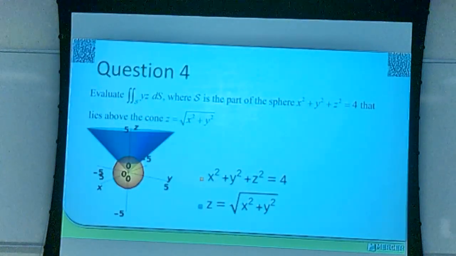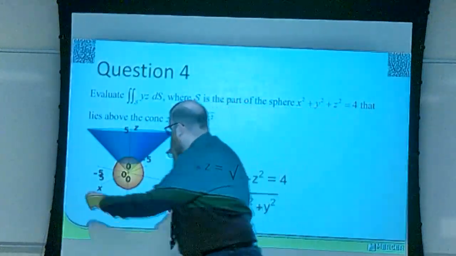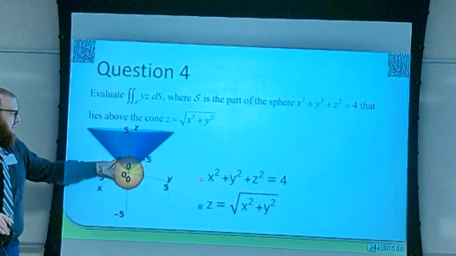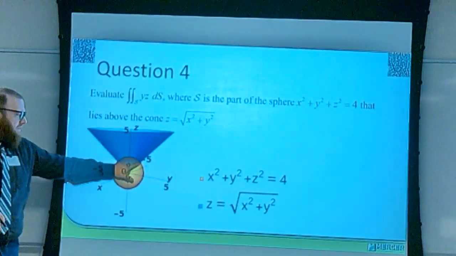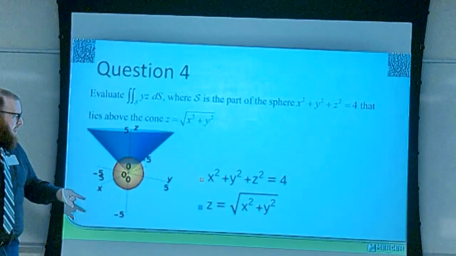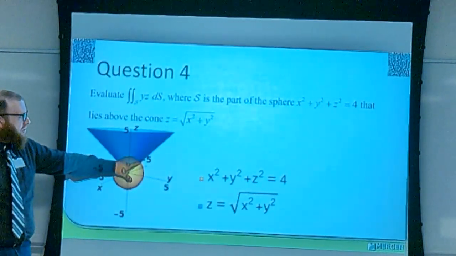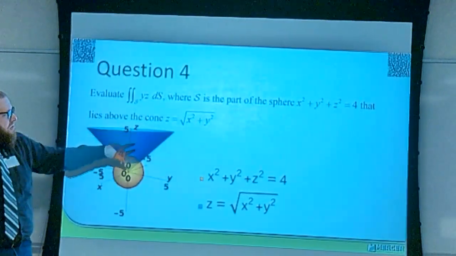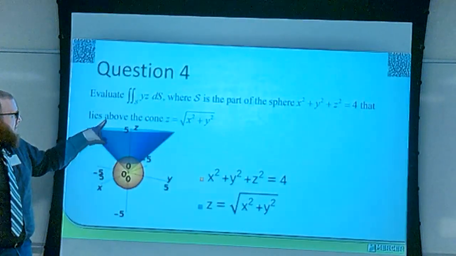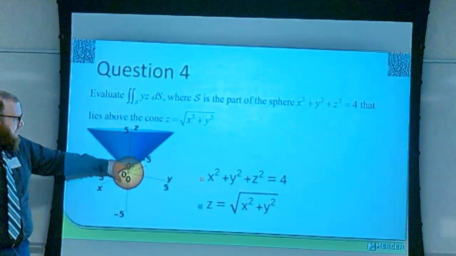So this is the surface. This part here. Because that is the surface of the sphere. It's the part of the sphere that's above the cone.